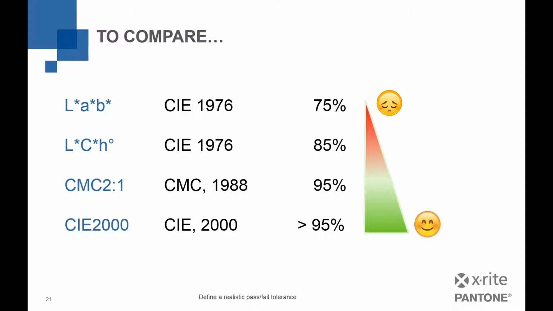CIE 2000 is a much newer equation. I think the CIE only actually published it as a standard in 2013. So it's much newer, much lower uptake, because many companies, for good reason, don't wish to re-establish all their tolerances, which they've been using for many, many years.